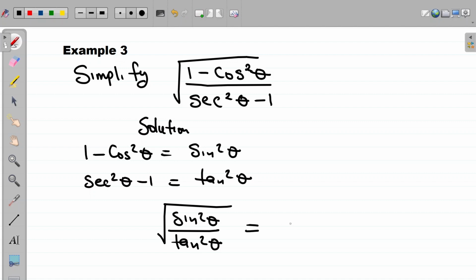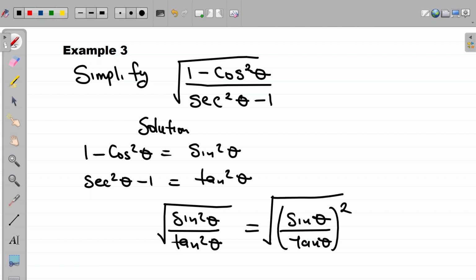This can also be expressed as sine theta divided by tan theta, all squared, so square cancels out square root. We are left with sine theta divided by tan theta.